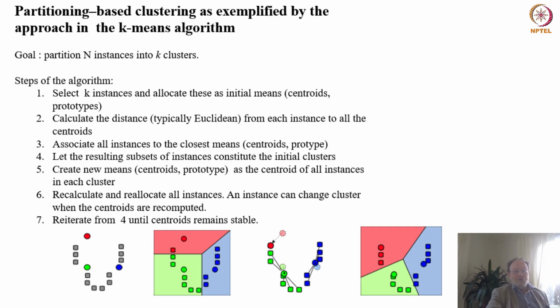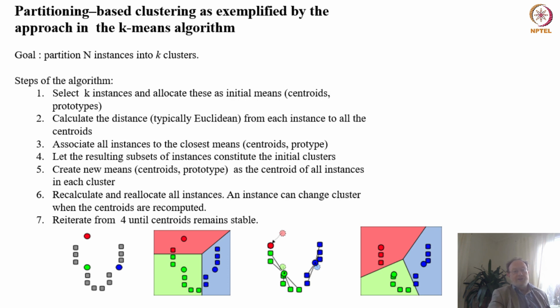But then you also, for all instances, recalculate the distance from all of the instances to the newly computed centroids. And this means that in this step, it can happen that instances change cluster membership, which of course is a nice feature of this, because in a way we can revoke earlier less optimal choices.